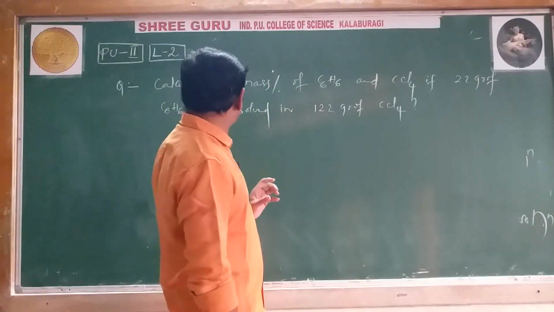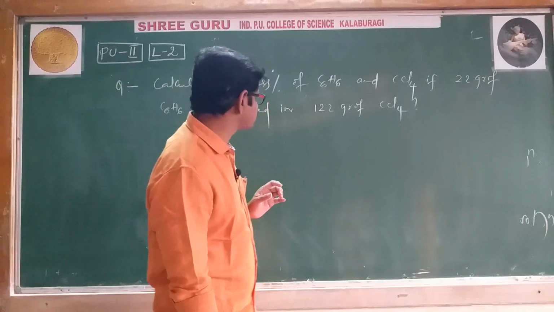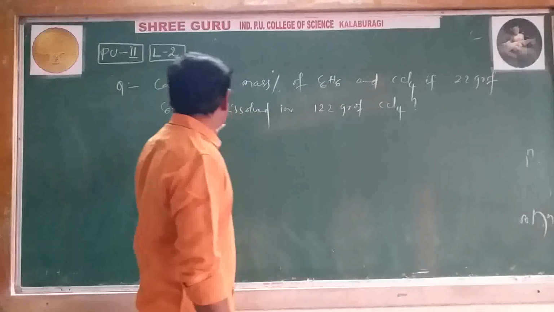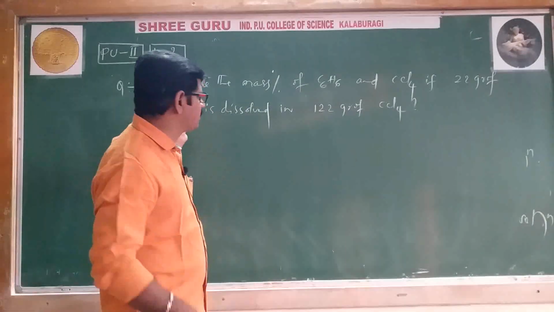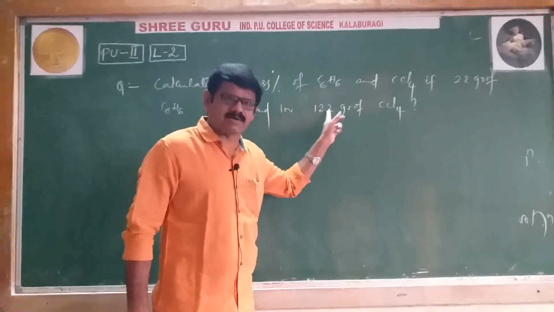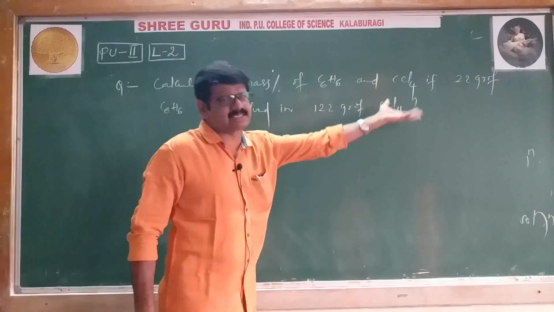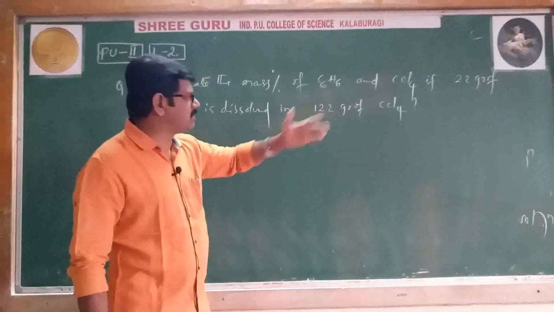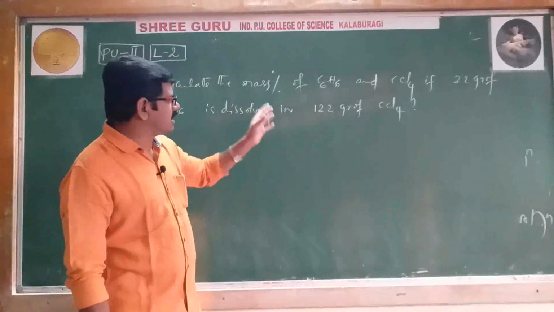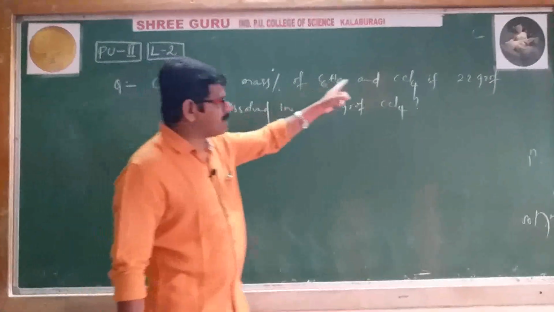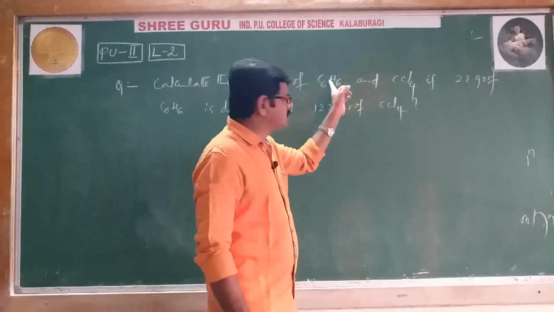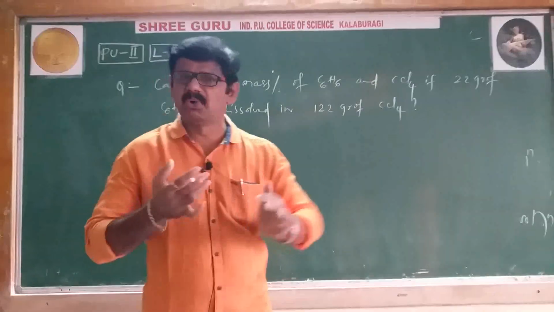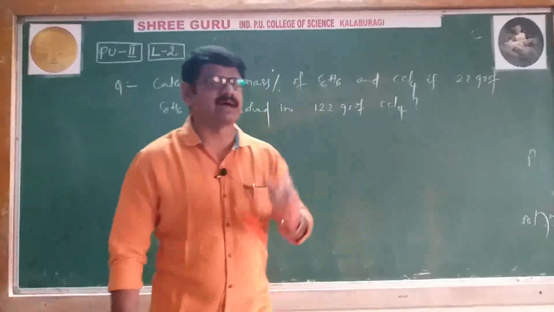If you observe the amounts, 22 grams is less, so 22 grams of benzene is acting as a solute, and 122 grams of carbon tetrachloride is acting as a solvent. Less amount is the solute, more amount is the solvent. Here both components means the solute mass percentage as well as the solvent mass percentage; both we have to calculate.